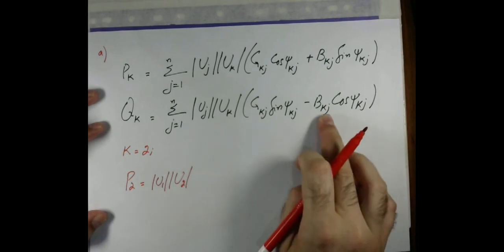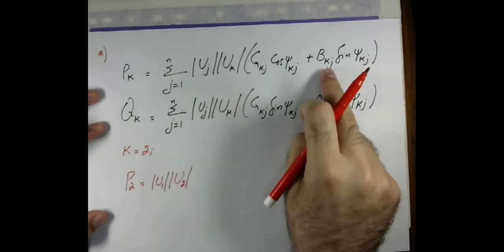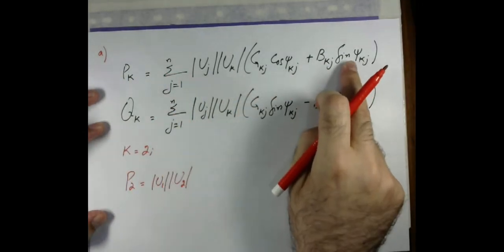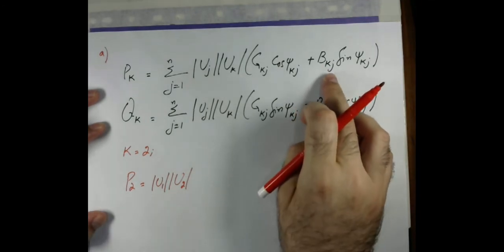I'm talking about the active power, so this term is 0 and we will have only the sine term and b_kj, which is b21.